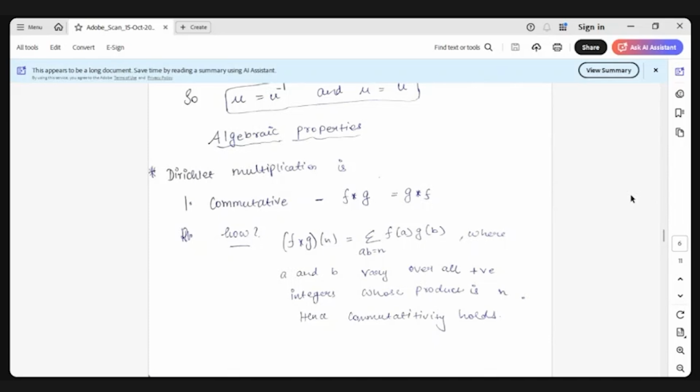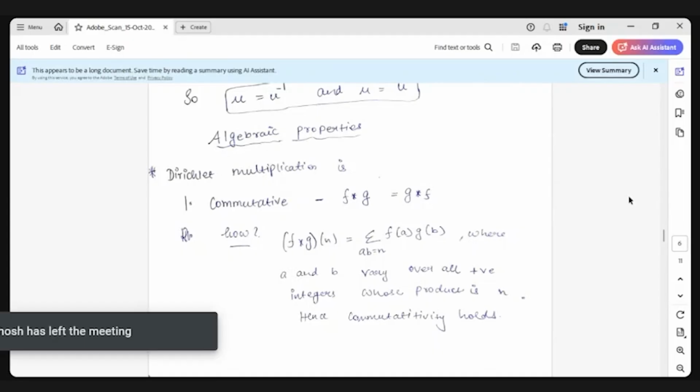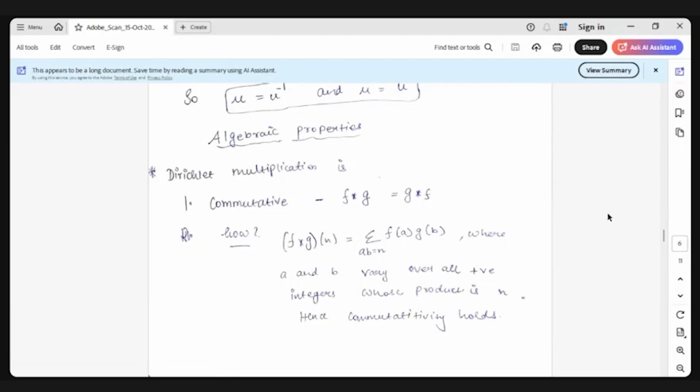So it is basically indifferent even if I change. f star g is going to give me g star f, because the starting element is going to give some other element of g star f. Hope I am clear in what I am expressing.